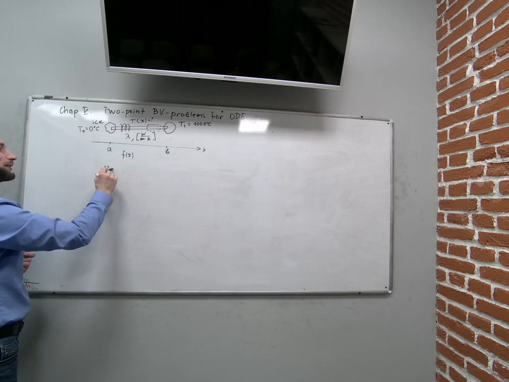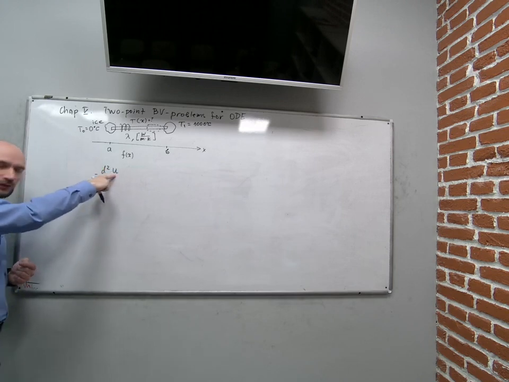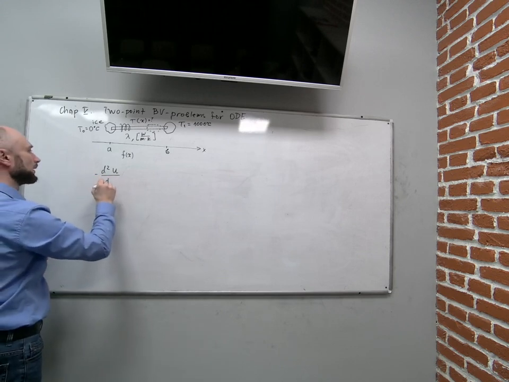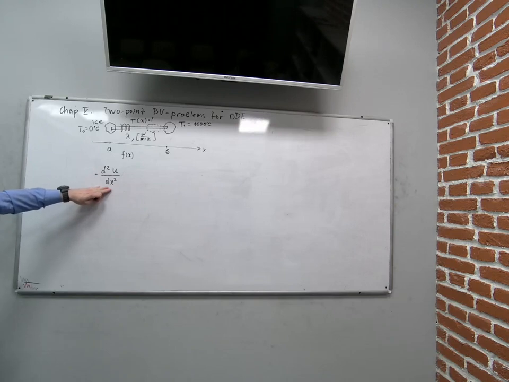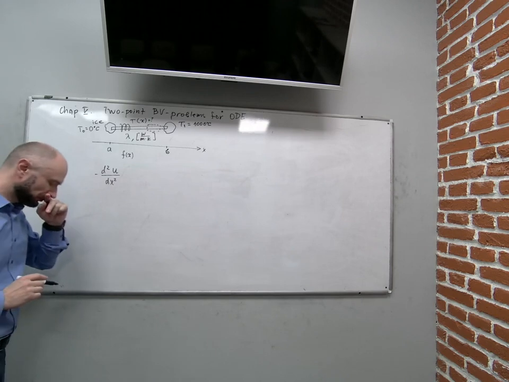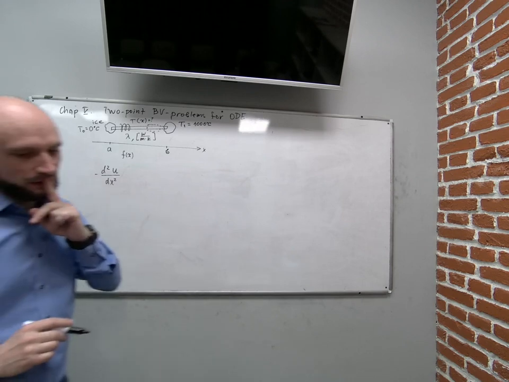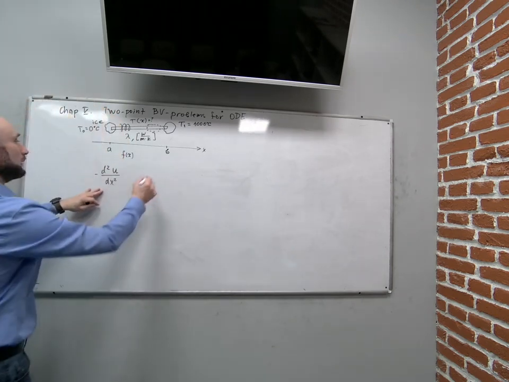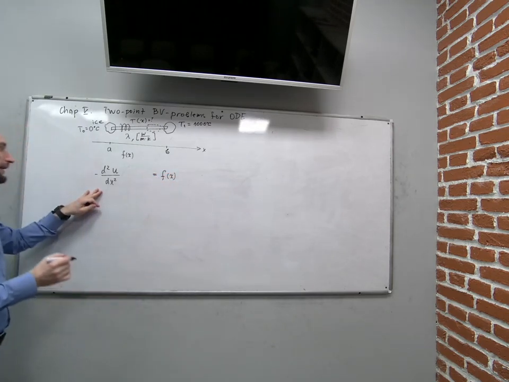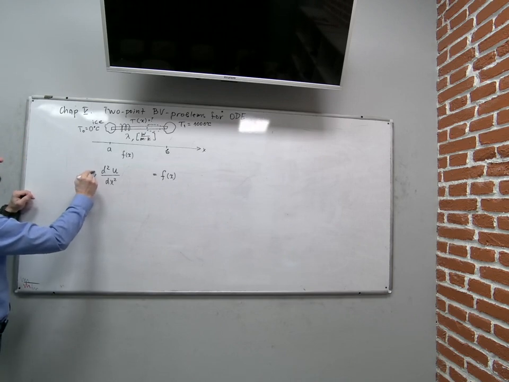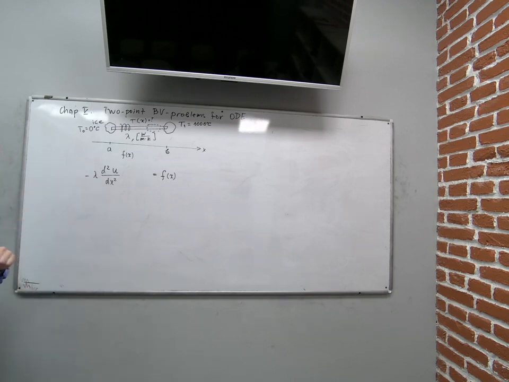Let's denote the temperature, for generality, with the letter U rather than T. So we can say that we have a second derivative of the temperature. And on the right-hand side, we have f of x. And here we should also have a thermal conductivity.